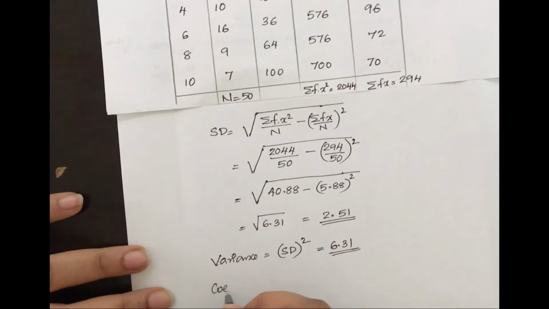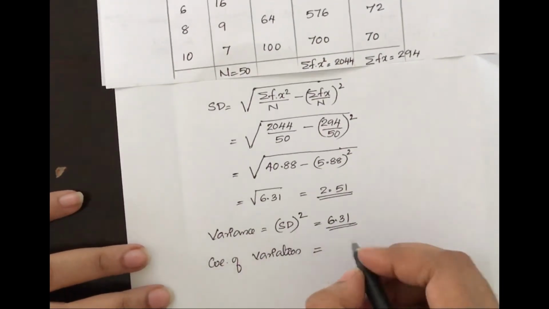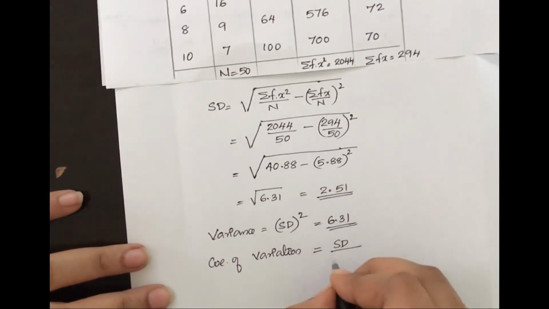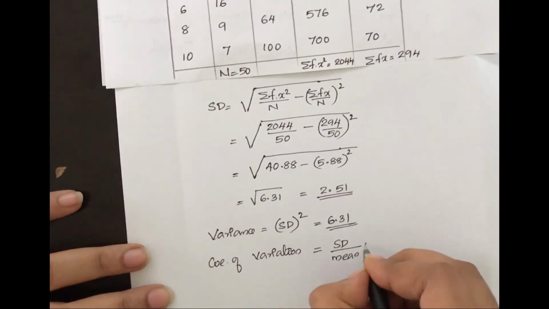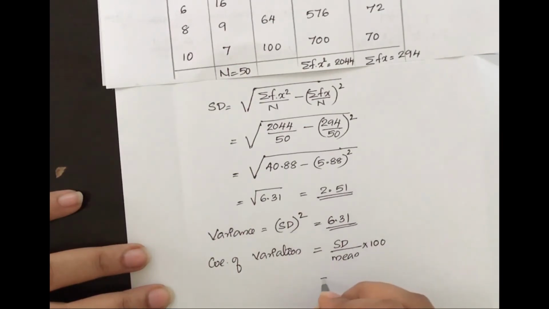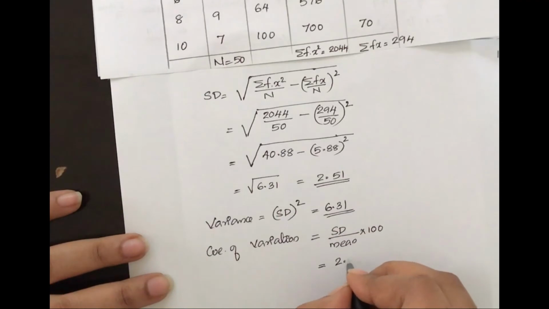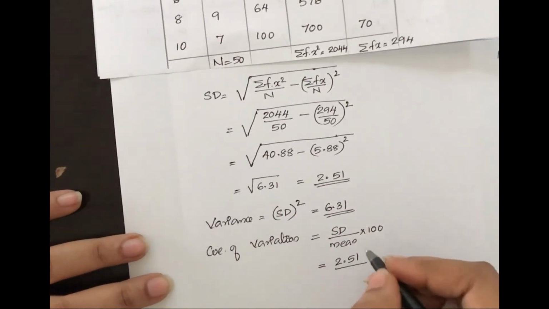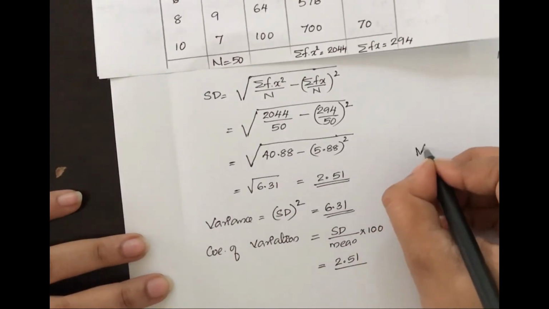Next is coefficient of variation. Coefficient of variation is equal to standard deviation divided by mean into 100. That is, standard deviation is 2.51 divided by mean. What is the mean?